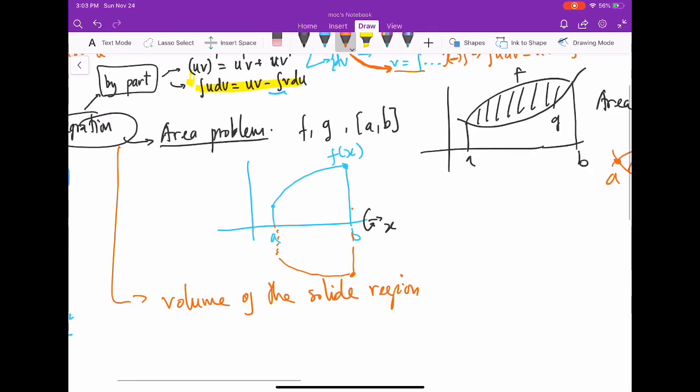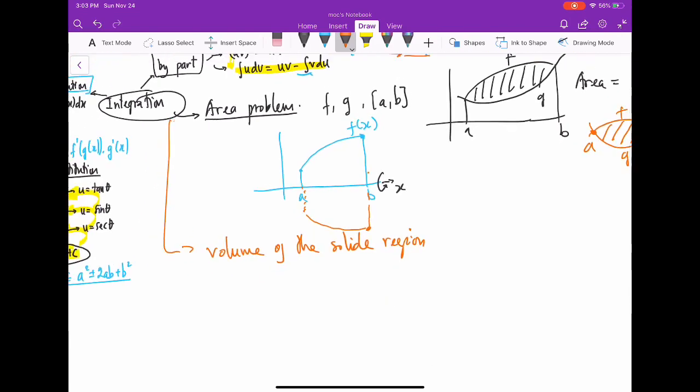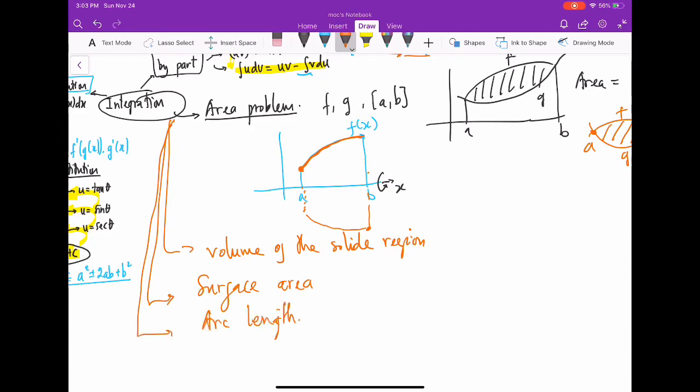Then we need to find the surface area of this solid region. And about the curve, we sometimes need to find the arc length. So you see, these are 4 problems related to a curve.